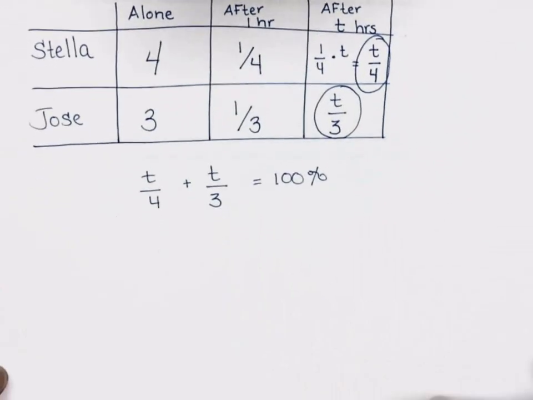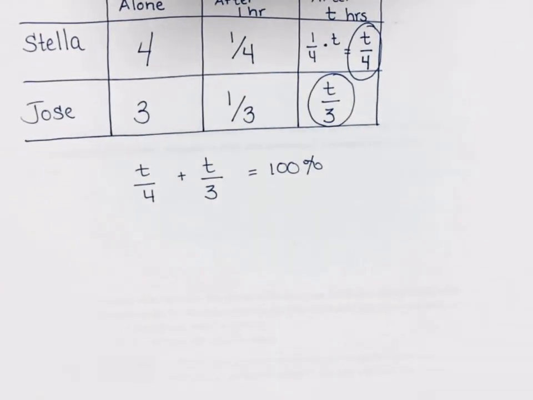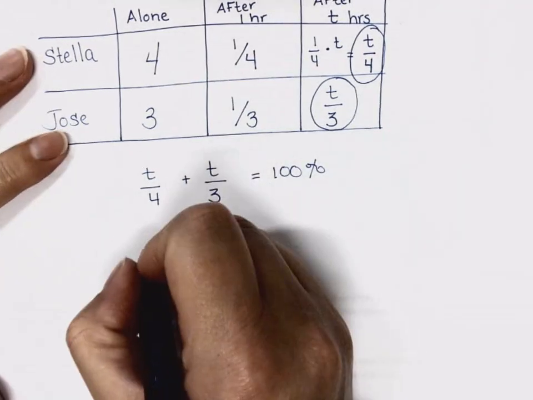We want all the walls painted. We convert that percent to a decimal, because we don't work with percents mathematically speaking. 100 divided by 100 gives me 1.